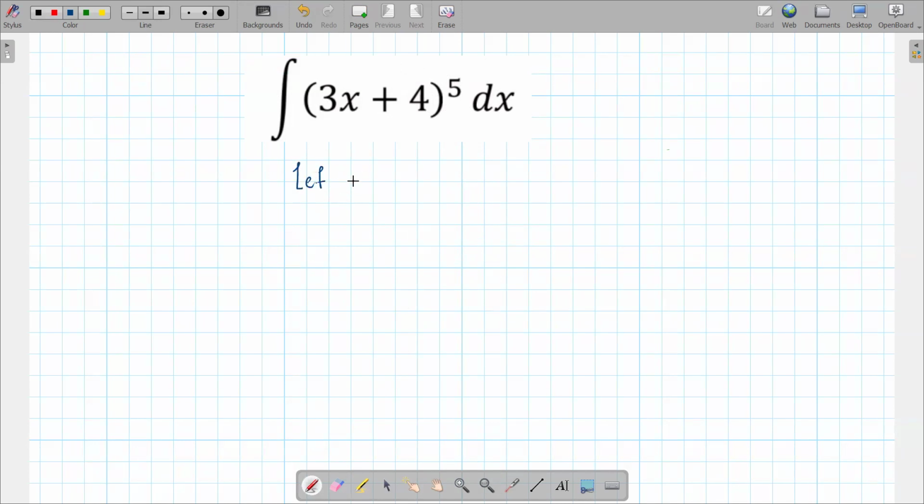So usually the nomenclature, we use the letter U. Let U be the inner function. What's the inner function here? 3x plus 4. So we write it like this: U equals 3x plus 4. Now this is the difficult part. What we're gonna do is we're gonna take the derivative of both sides.